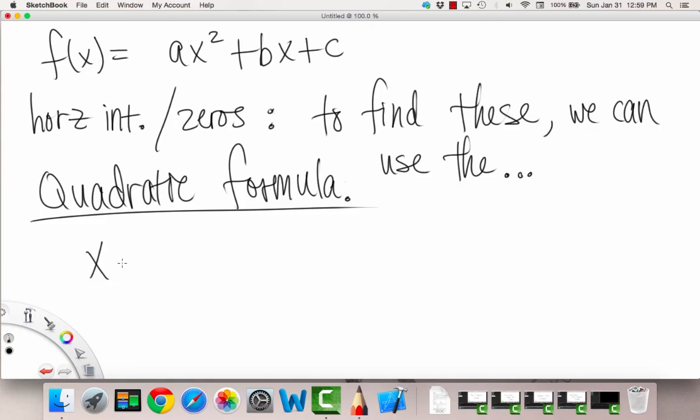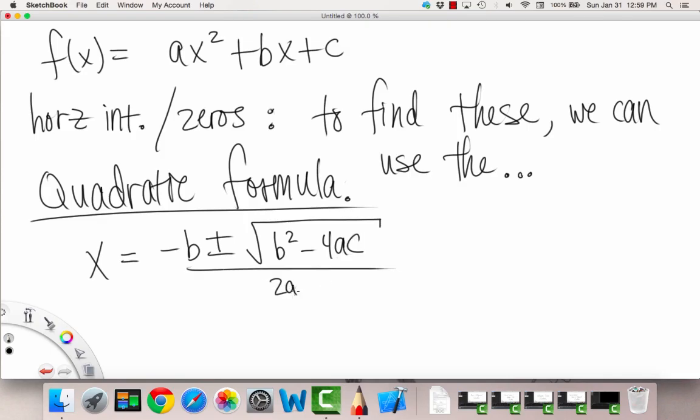So we have x is equal to negative b plus or minus, because you can have at max 2 of them, square root of b squared minus 4ac, all over 2a. Alright, there it is. So this is the all-important quadratic formula.